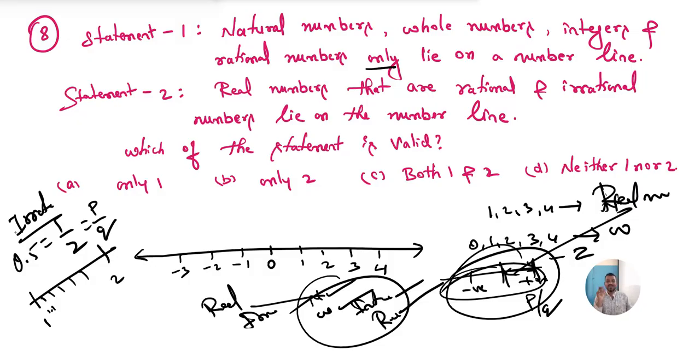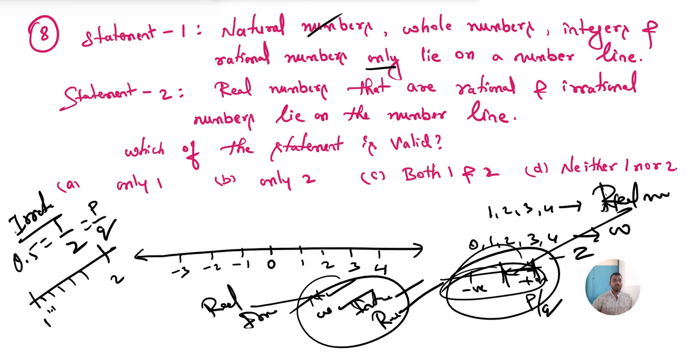Wow, so interesting. Now come back to the concept. Statement 1. What is it saying? Natural numbers? Yes. Whole numbers? Yes. Integers? Yes. Rational numbers? Yes. Only lie on a number line. Only this many are part of the number line. Who all are there in this number line?